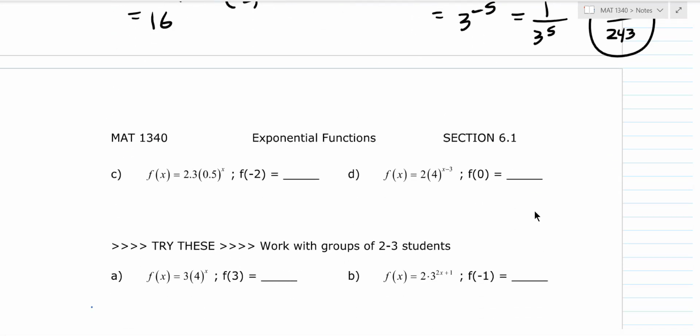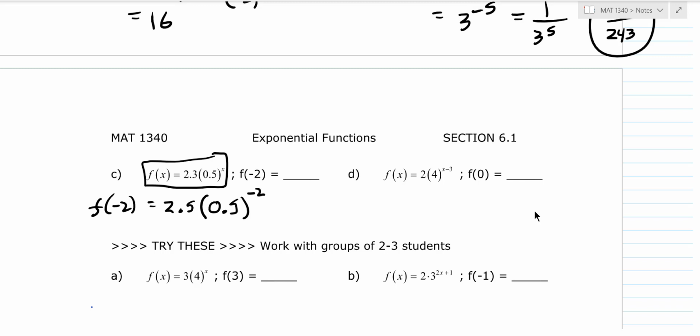Okay, next problem on the next page. Still exponential, so plug the number in. So when we do f of -2, we're going to have 2.3 times 0.5 to the -2, like that. Okay? Now, if you start getting into decimals and stuff, I'm totally okay with you doing this on your calculator.